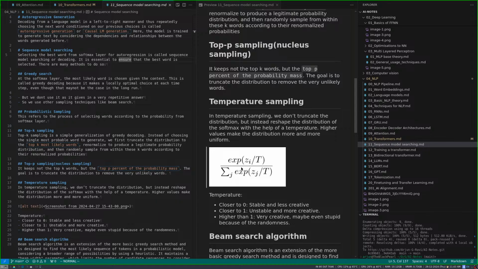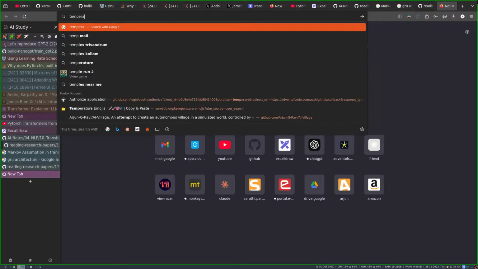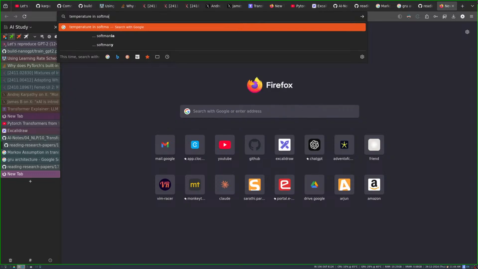A temperature of one means the normal distribution. The temperature reshapes the distribution; a higher value makes the distribution more and more unique. Temperature in softmax.